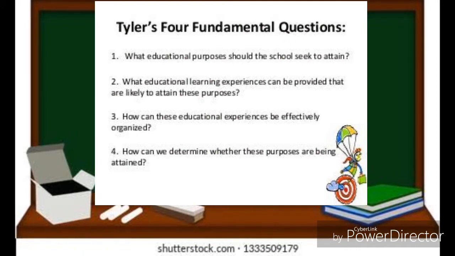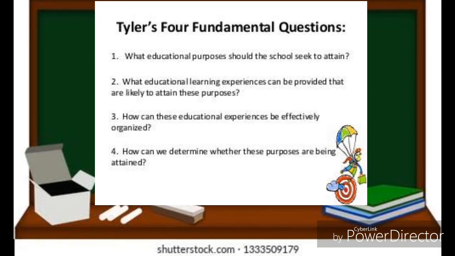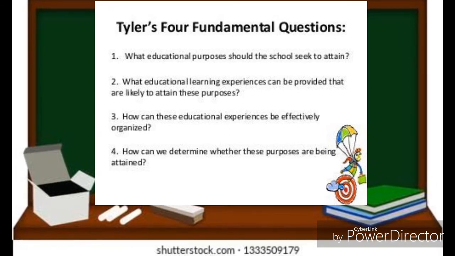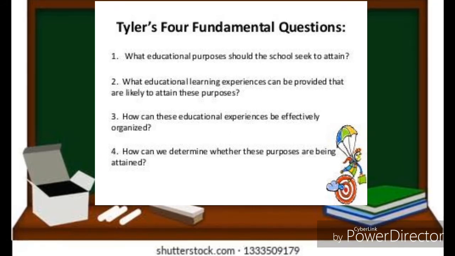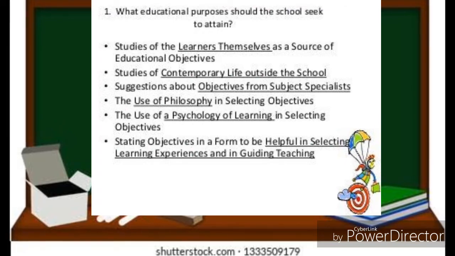Tyler has four fundamental questions. First, what educational purposes should the school seek to attain? Second, what educational learning experiences can be provided that are likely to attain these purposes? Third, how can these educational experiences be effectively organized? And the fourth, how can we determine whether these purposes are being attained? So, first, what educational purposes should the school seek to attain?